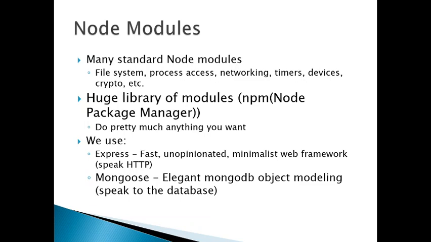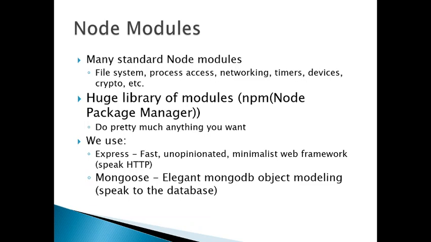There are many standard node modules. For example, fs is for the file system, process, access, networking, timers, devices, crypto. For example, if you are working on machine learning, you can download any number of modules related to machine learning. You can access modules related to database access and so on.